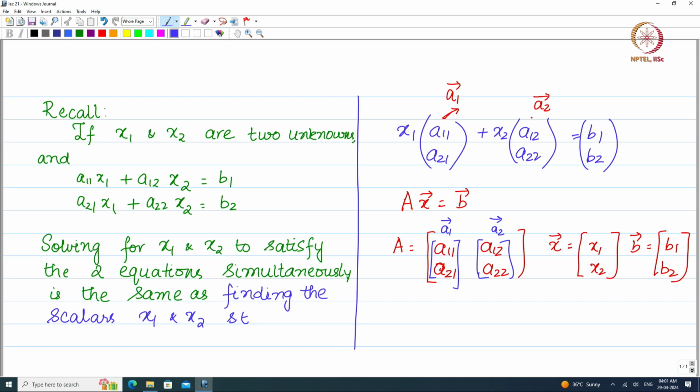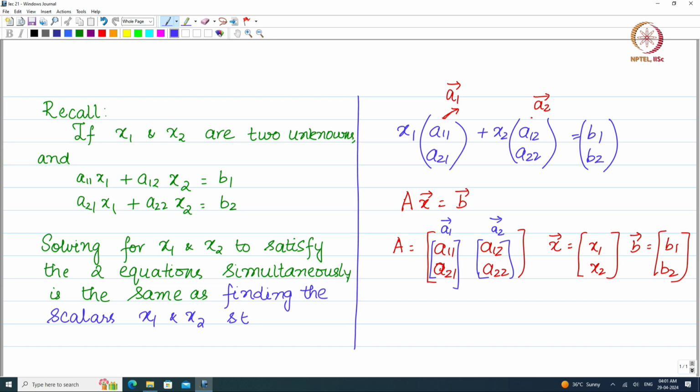And if the A1 vector and the A2 vector are linearly dependent, that means one is a scalar multiple of the other, then for a b vector which can be expressed as a linear combination of these two vectors, there will be infinitely many possible linear combinations, corresponding to infinitely many values of the scalars x1 and x2.